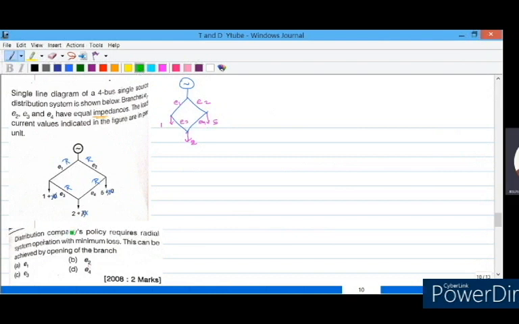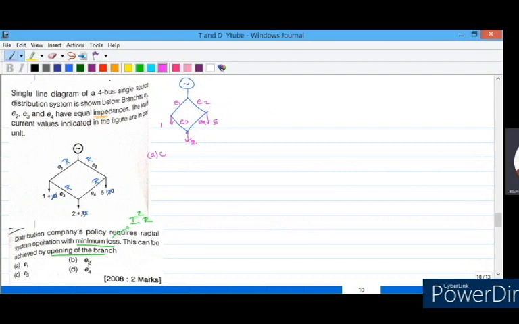Now what they have asked: the company's policy is to have minimum loss. So this is achieved by opening a branch. So by opening which branch can we get minimum loss? For loss usually we'll take the formula as I square R. So now our task is to remove each branch, and then find the power loss in each branch, and add them.